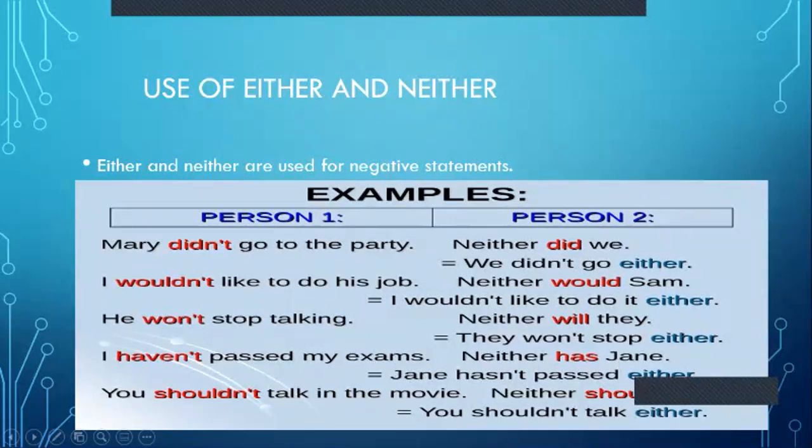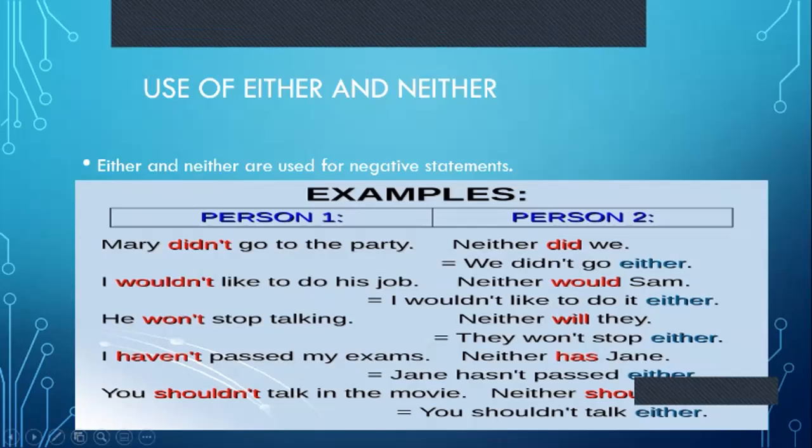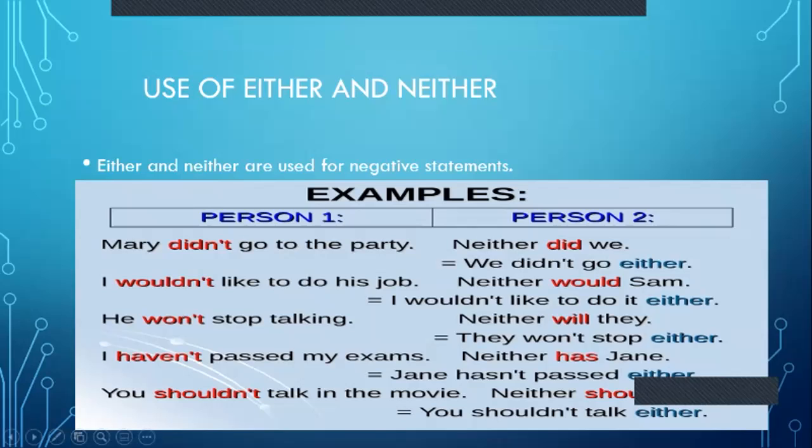So, neither did we. But when I say, I wouldn't like to do his job, when you use "either" in the sentence, the whole sentence would be the same, but you will just end your sentence with the word "either." I wouldn't like to do it either. But when you say it with "neither," you would say, neither would Sam.